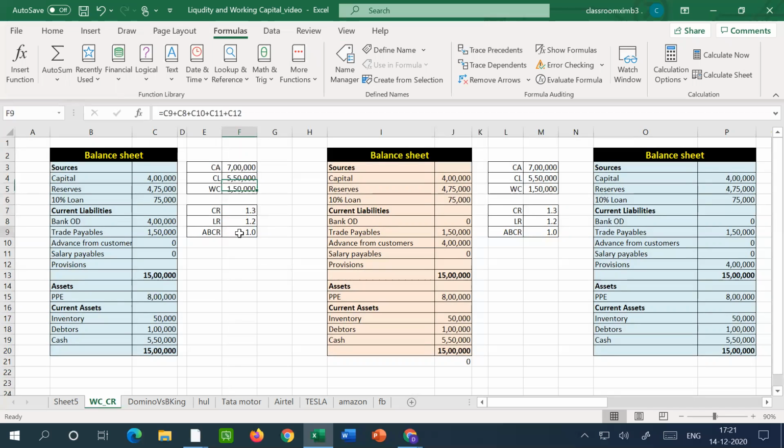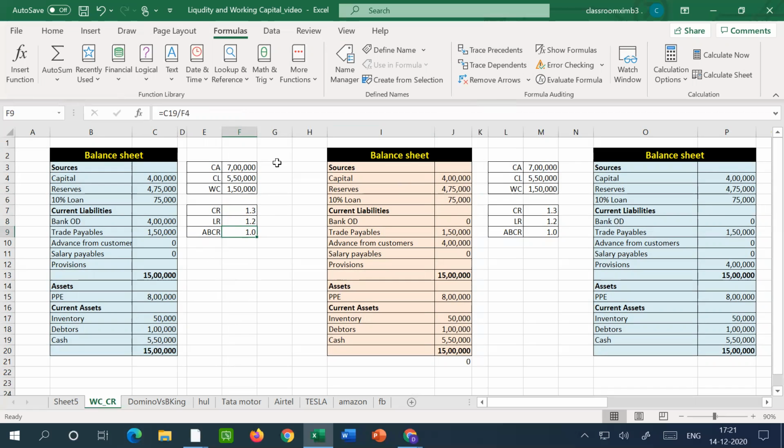Whereas the absolute cash ratio is the relationship between the cash and the liabilities. We can see that in case 1, the working capital is 150,000, current ratio is 1.3, liquid ratio is 1.2, and absolute cash ratio is 1.0.